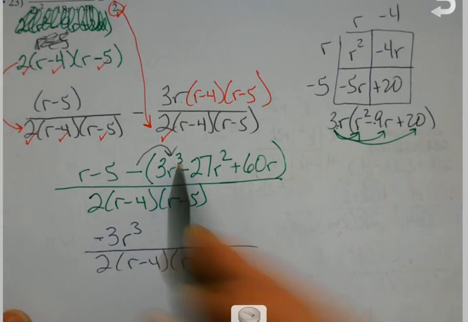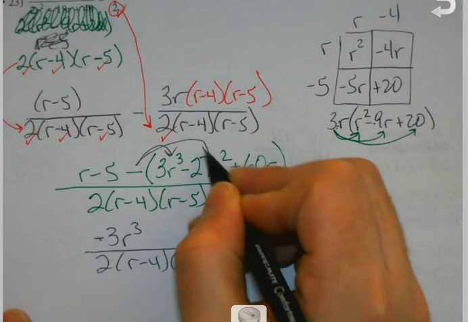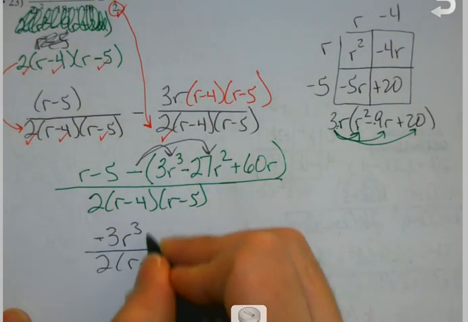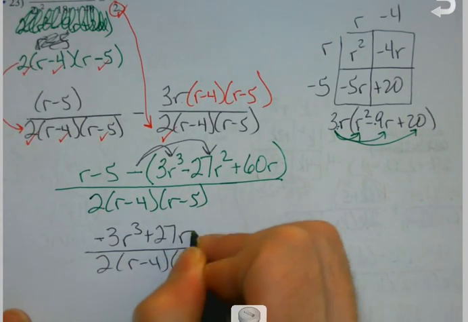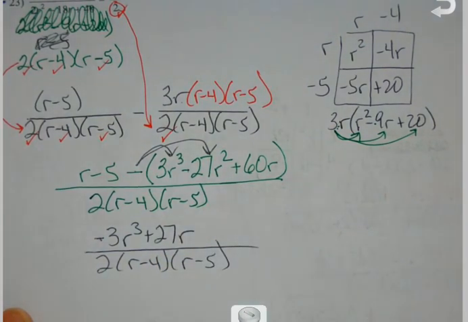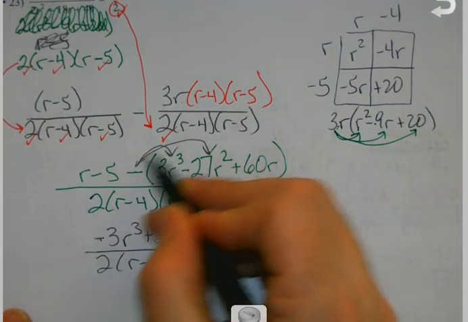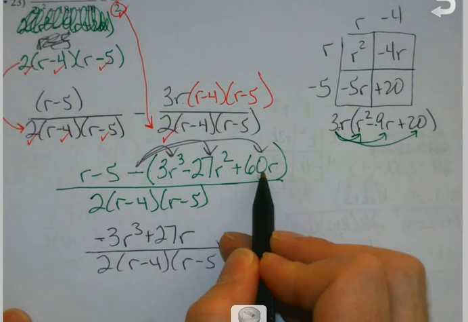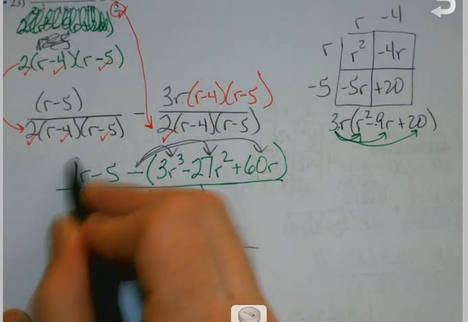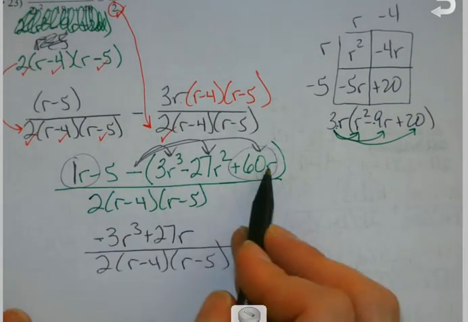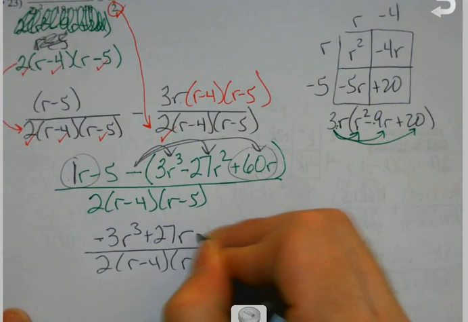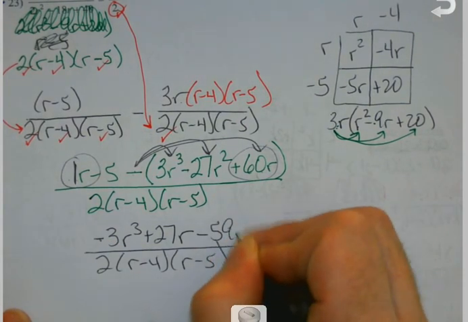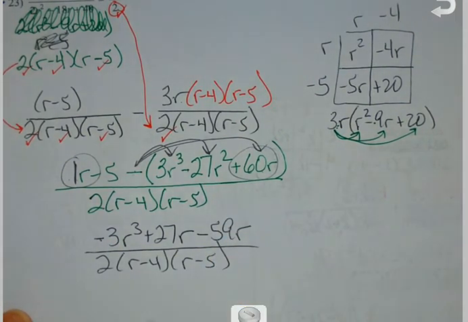This is my biggest degree. And then negative times negative is positive 27r squared. And then this becomes negative 60r, but I have another one over here. So negative 60 plus 1 is negative 59r.